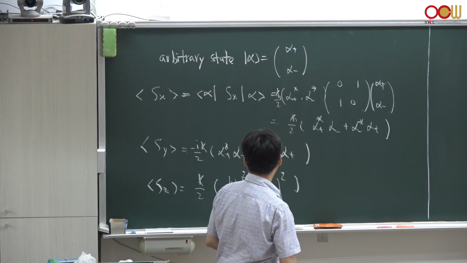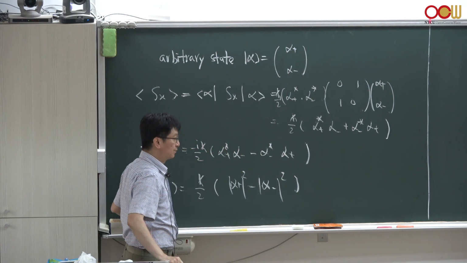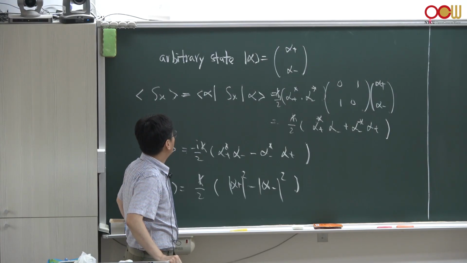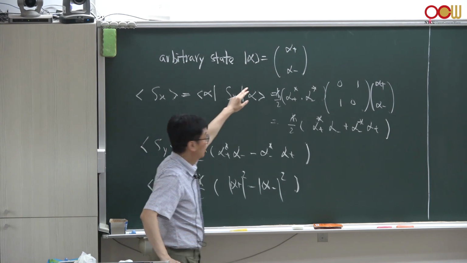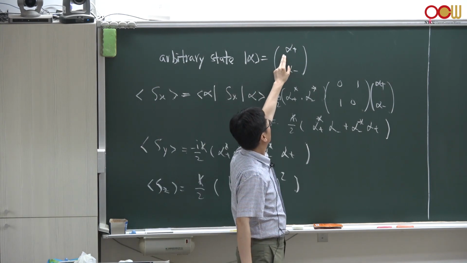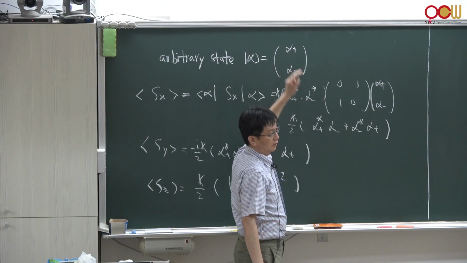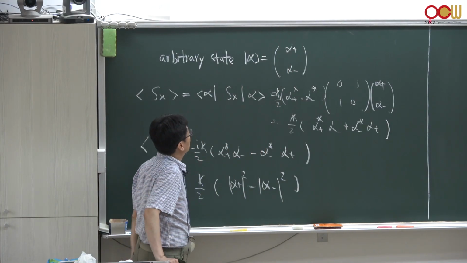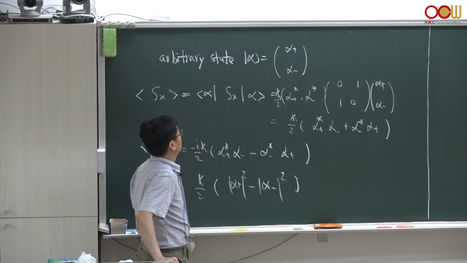We are able to calculate the expectation value of Sx, Sy, and Sz sandwiched by any arbitrary spinor state, alpha, which is defined here with two components in its matrix elements. Alpha plus is the top component matrix element, and alpha minus the second matrix element.